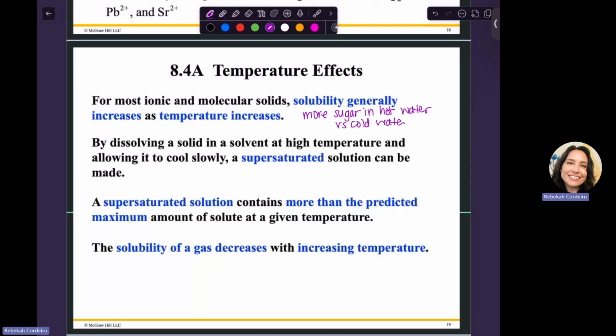So you know this. If we're talking about solids, it's usually hot is better. That's not the case for all of them, but it's generally the case. And then if we have a solid at a high temperature and we cool it down slowly, what we can get is called a supersaturated solution, which is more than you should have.